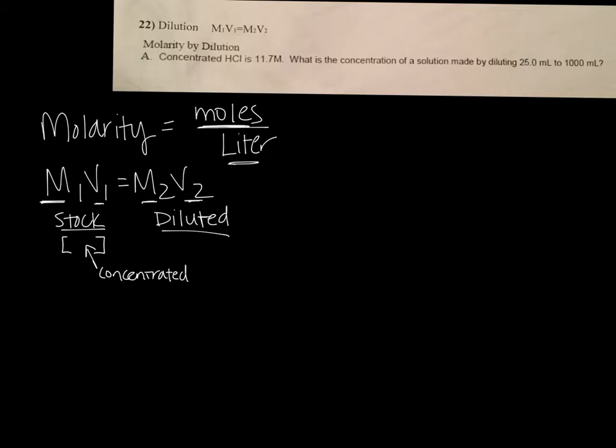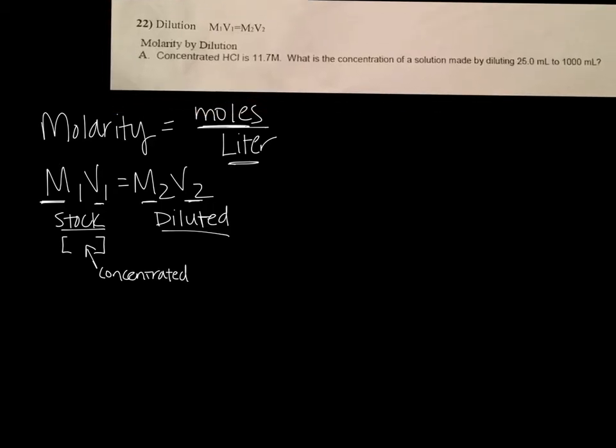So what is the concentration of a solution made by diluting 25 milliliters to 1,000 milliliters? So what they're telling you here is this is part of your stock solution. What is the concentration?